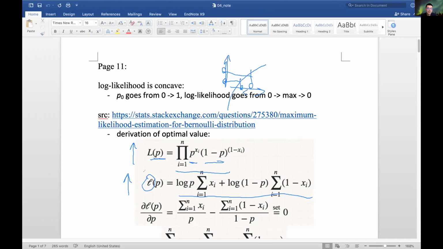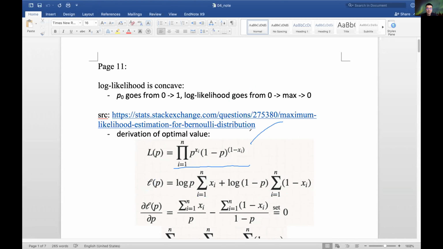So if you maximize this, you also maximize this. Because this is easier to see, let's look at this equation. P is a probability, so it can only go from 0 to 1. It cannot go below 0 or larger than 1.